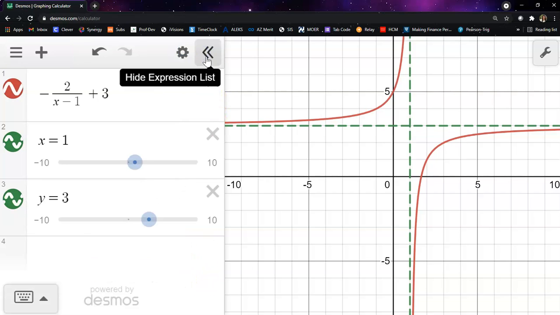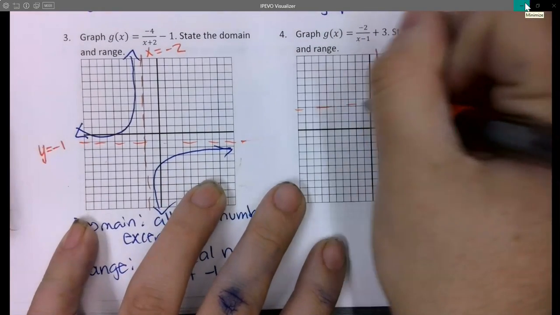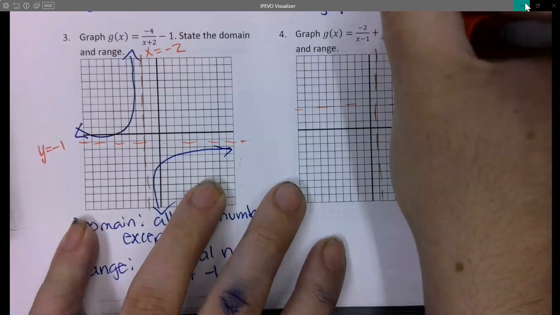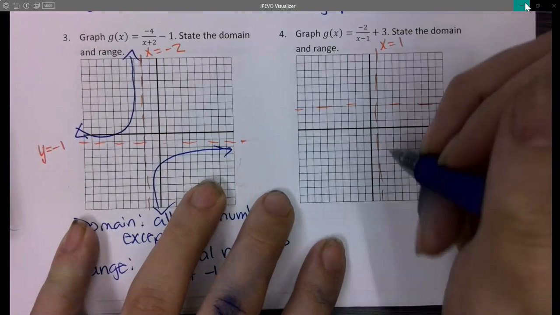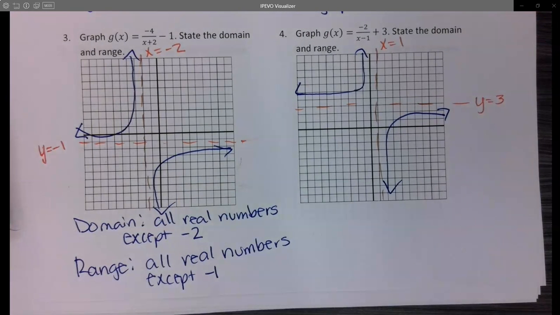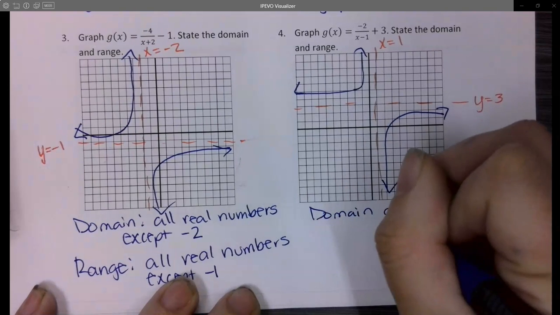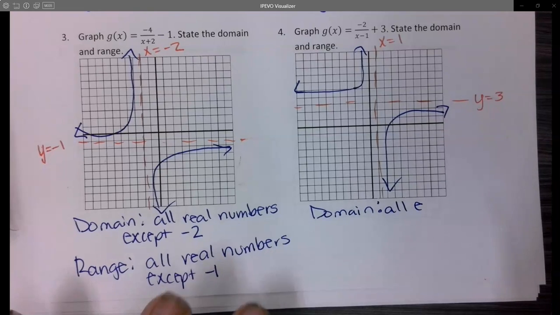Okay. So I'm going to graph this on my paper. What do I have? X equals 1, y equals 3. Okay, so what is my domain here?